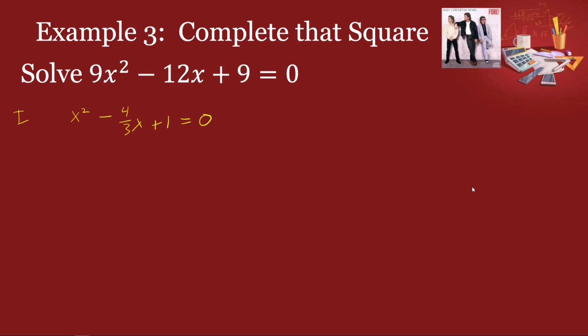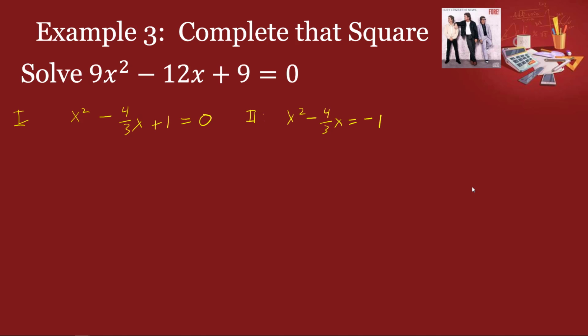That's step 1. What about step 2? For step 2, we are going to move the 1 to the other side. So that will give us x squared minus 4/3 x is equal to negative 1.